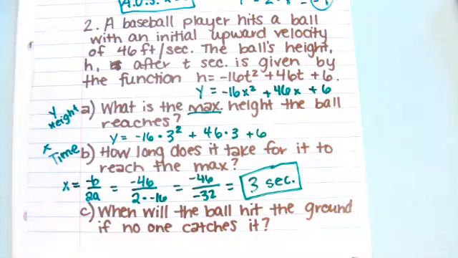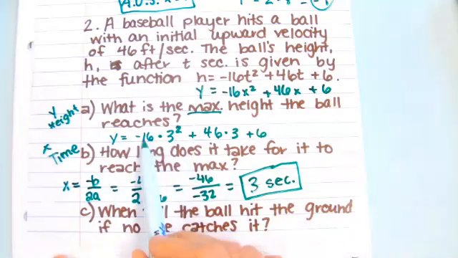Which part of this has to happen first if we're doing order of operations? Yell it out. Exponent. What's 3 squared? 9, right? 3 squared is 9. And then what do we do? Times it by negative 16.